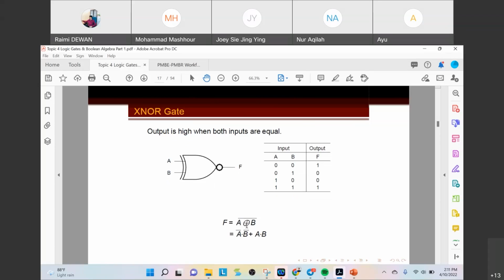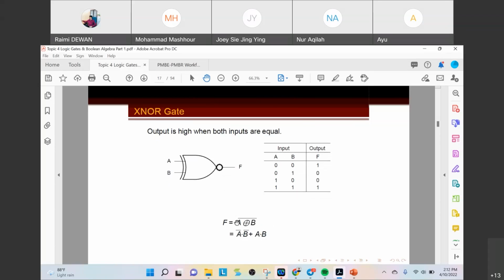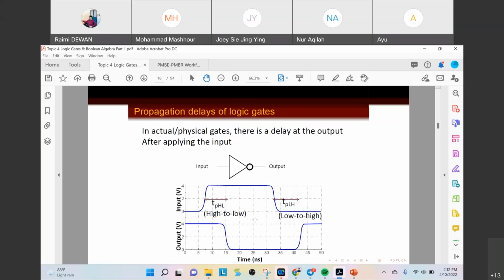If it's exclusive NOR, you just have an inverter here. Previously, A exclusive OR B. If it's XNOR, you have the inverter symbol on the output part.